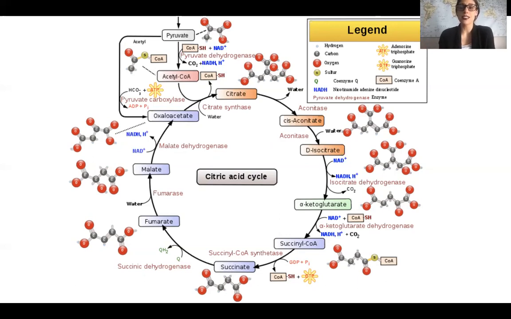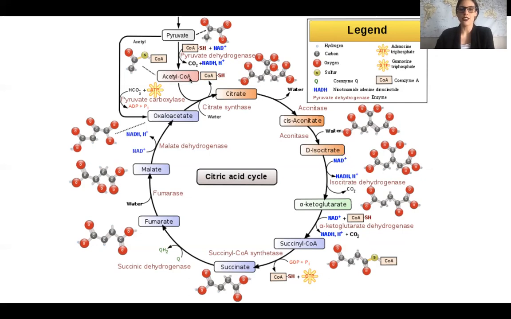So the citric acid cycle is not just for glucose metabolism, but it's also for fatty acid metabolism and protein metabolism. Now, in the citric acid cycle, the acetyl group of the acetyl-CoA molecule is going to bind onto another 4-carbon molecule in order to create something called citrate.